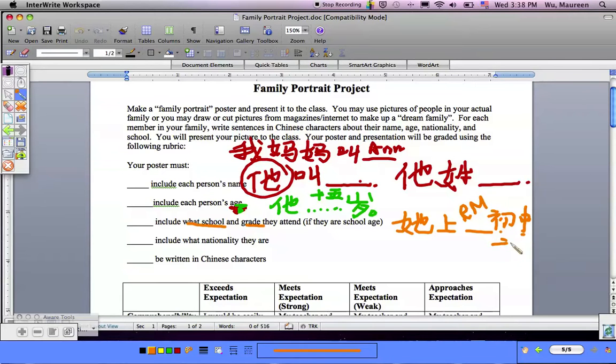Maybe they attend Rosemount High School, then 高中. Maybe they attend an elementary school. 小学. Maybe they attend a college. 大学. And also, 他上什么什么年级. If it's like you guys, 他上7年级.